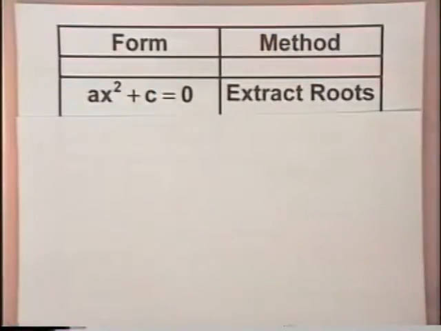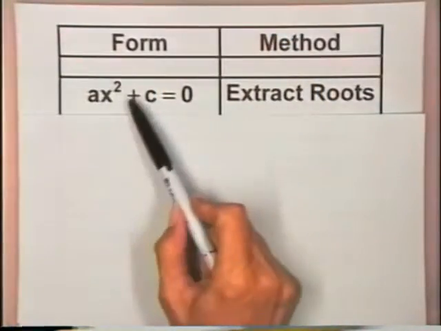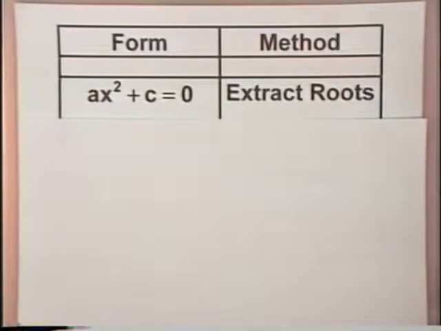Now I'd like for us to look at some different quadratic equations, and let's talk about what would be the best method for solving them. You might want to write the form down and the method that we will use. For this first form, I have ax squared plus c equals 0.